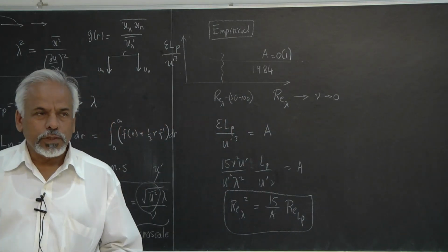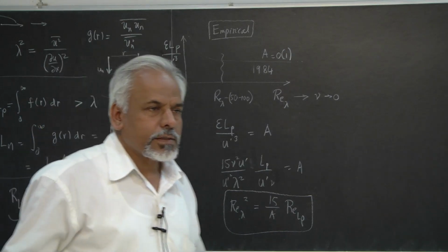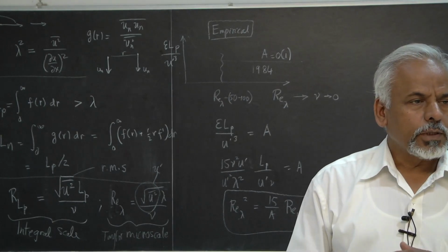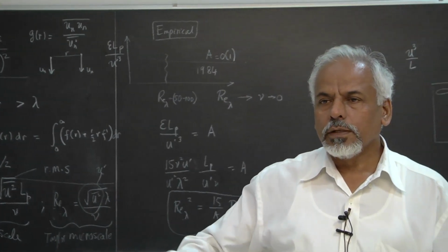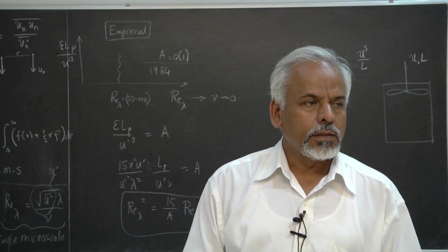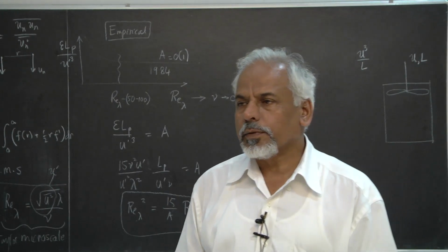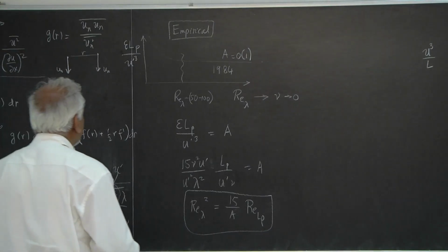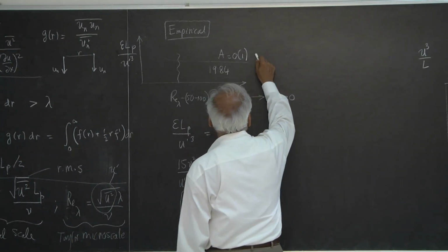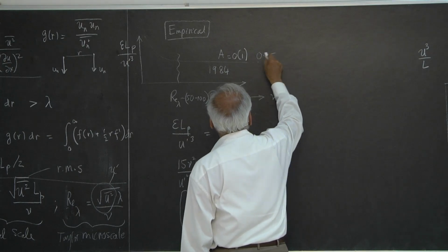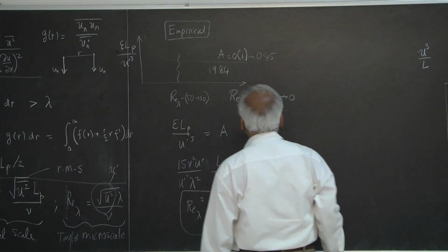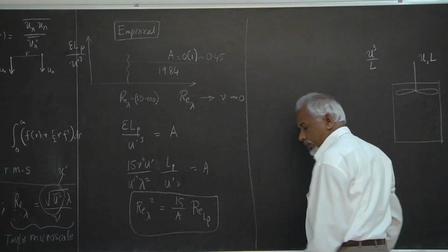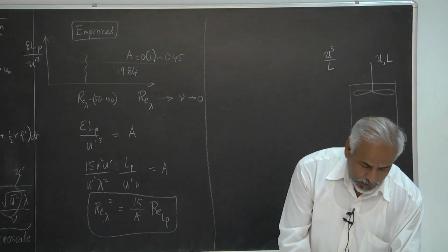So it is not exactly the same constant in all simulations and in all flows, but in any given simulation, it is flattening out to a constant, which may be slightly different from the one in another flow. But a typical number would be something like 0.45. Okay, so that's one aspect of it.